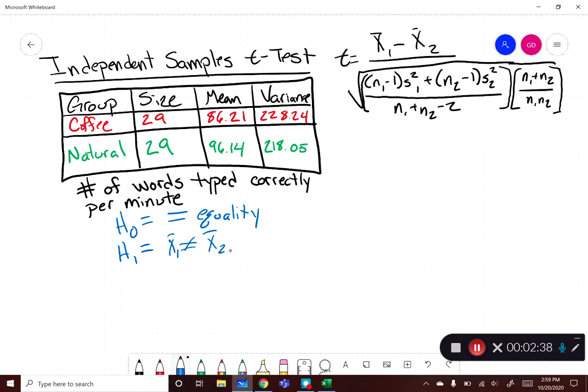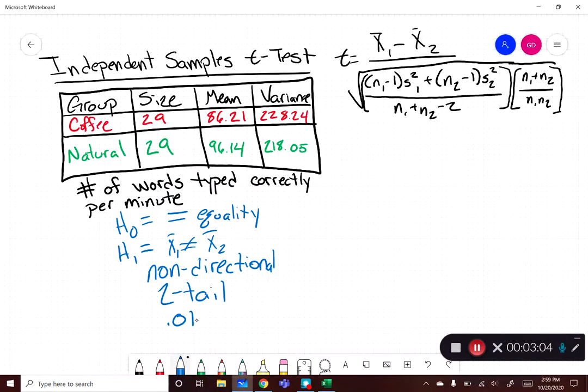So with that, we understand now that since there was no directionality in the statement, we didn't expect one to be greater than or less than. It's going to be non-directional. And this is important because we need to look up the two-tail value for it. And here, let's set our confidence or risk level to be 0.01.